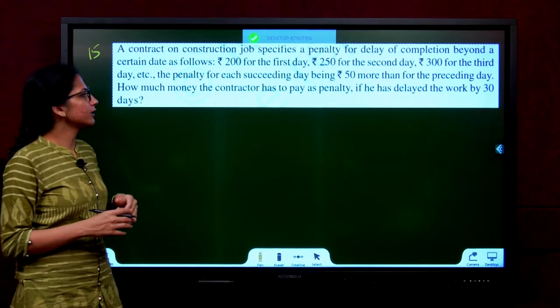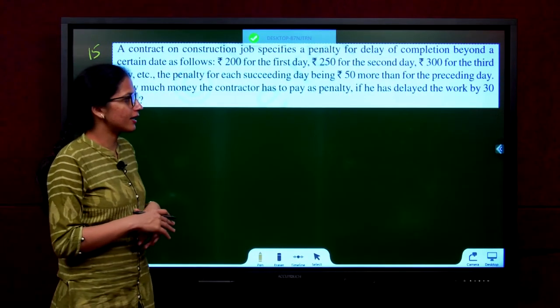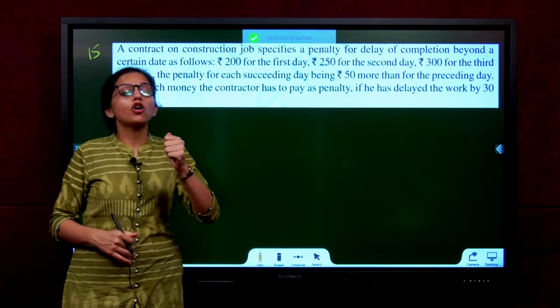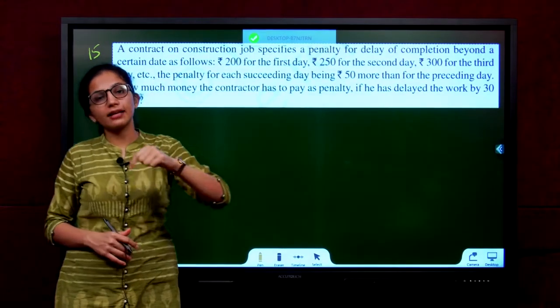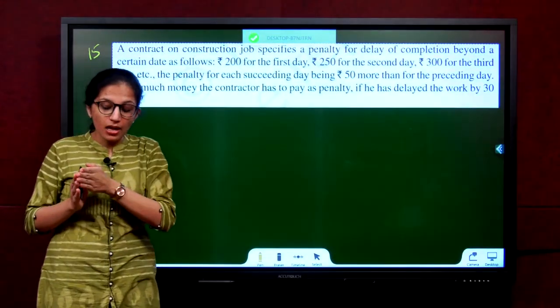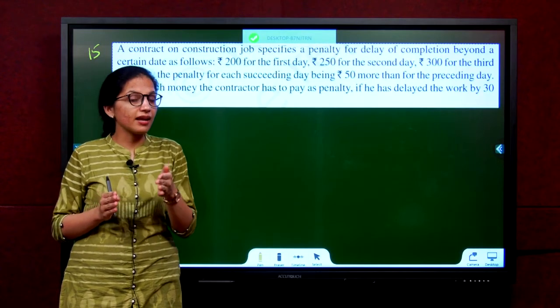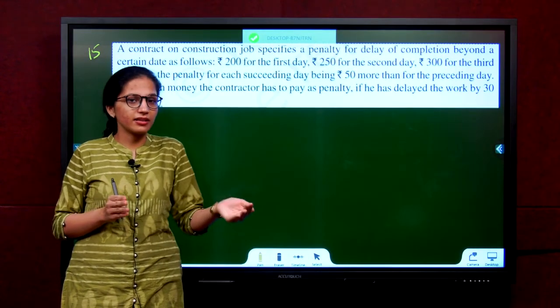How much money does the contractor have to pay as penalty if he has delayed work by 30 days? They're not asking how much he pays on the 30th day. They're asking how much money he has to pay if he has delayed it by 30 days. First day 200, next day 250, next day 300.